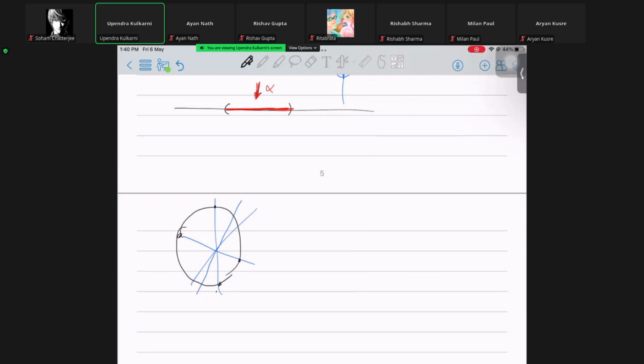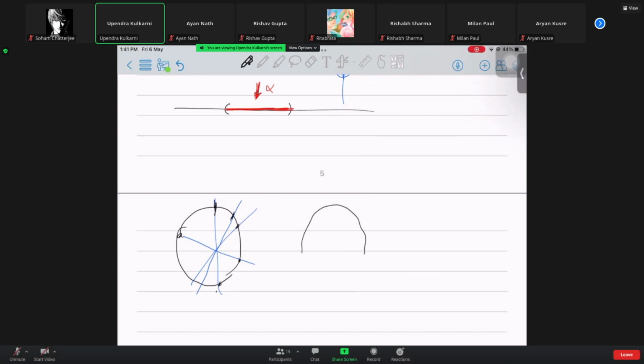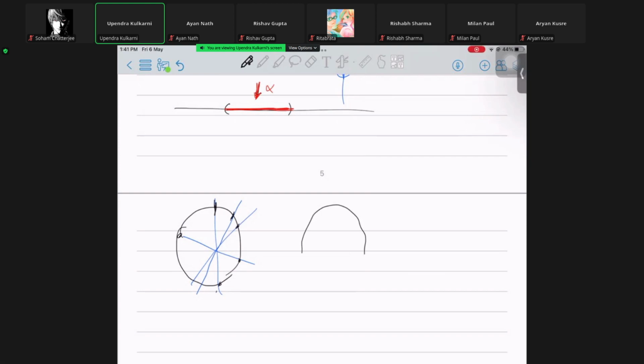Now, somehow I want to say that this line and this line are close to each other, and this line is not as close. So how can I make this a geometric set? Notice that this is almost like a semicircle, because every line can be identified with the way it intersects this semicircle, and every line will intersect this semicircle exactly once, except the horizontal diameter.